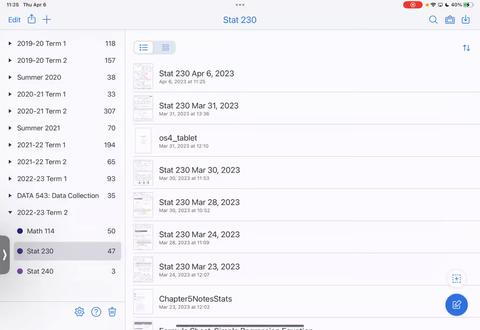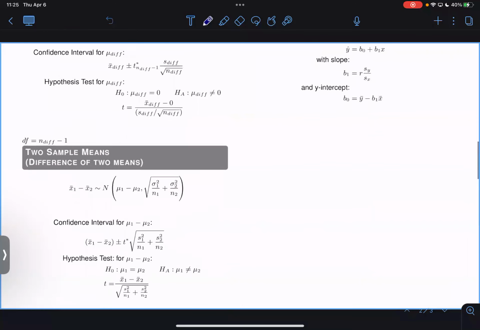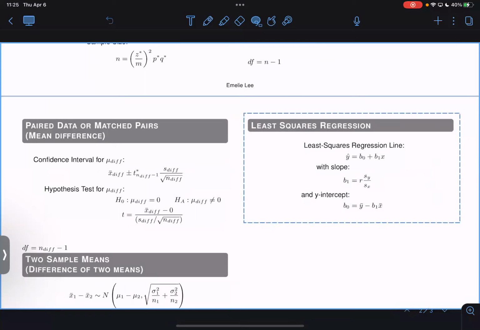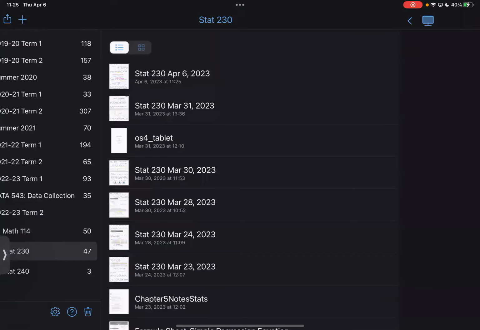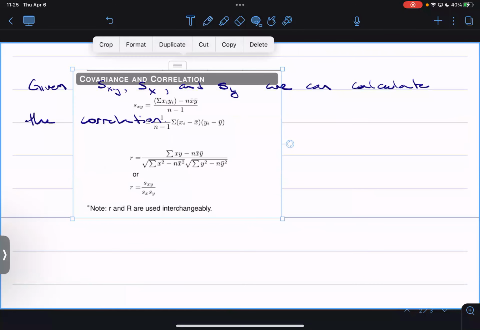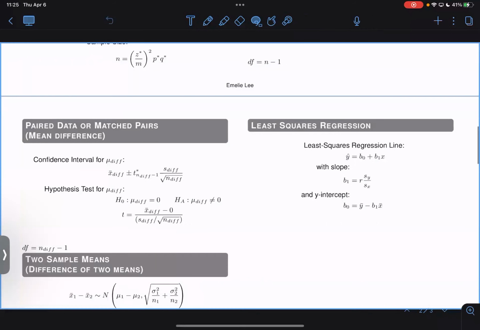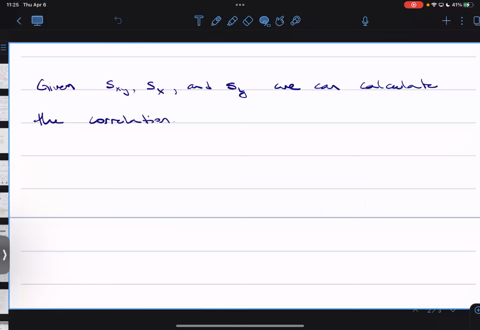Just so we know where we're going, I want you to see where we're headed here.